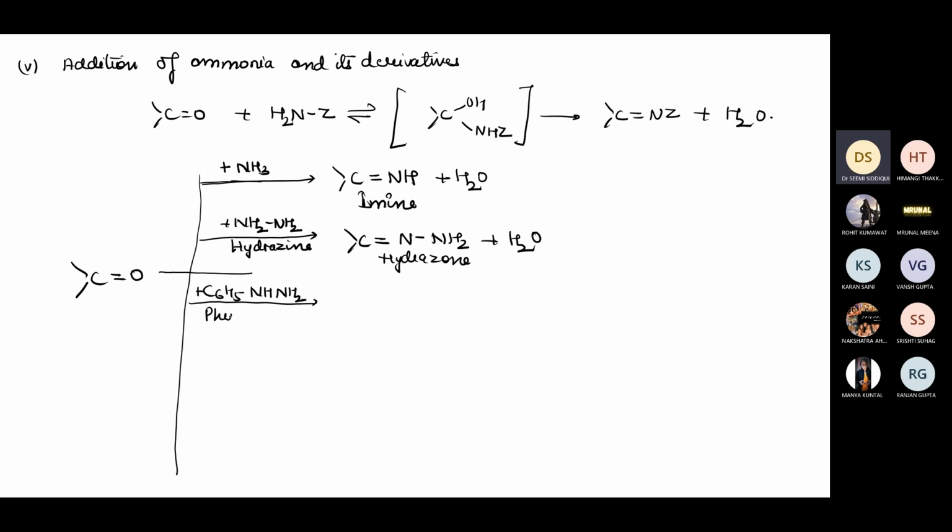So it is called phenyl hydrazine. So it is going to give you the C double bond N NH C6H5 plus H2O. So it is called a phenyl hydrazone.